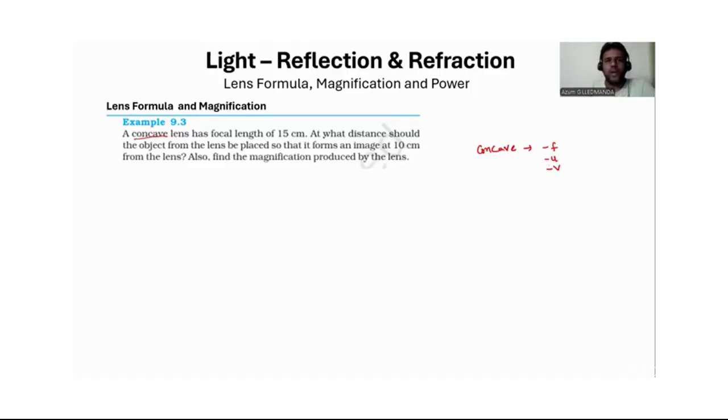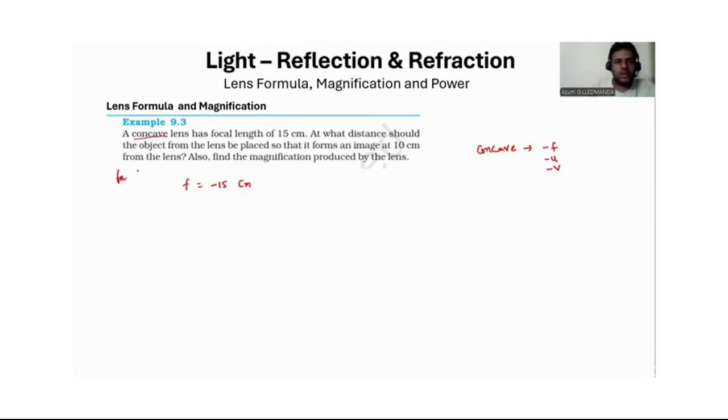Let's see. At what distance should the object from the lens be placed so that it forms an image at 10 centimeter from the lens? Okay, so what is given here? Focal length is given. So f you can write as minus 15 centimeters because this is a concave lens.